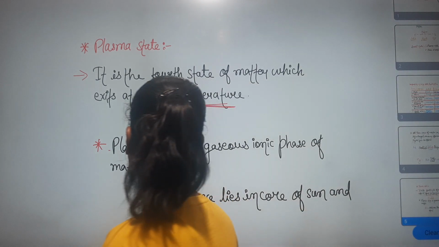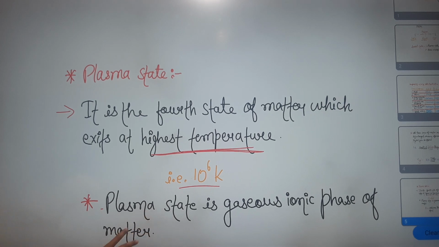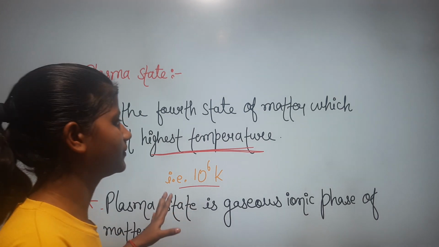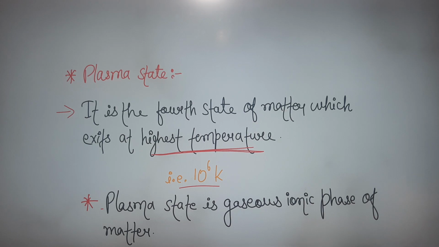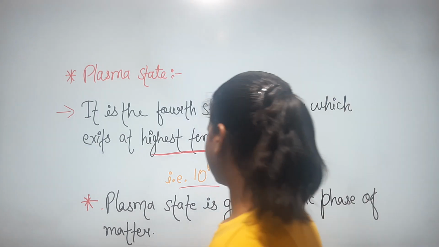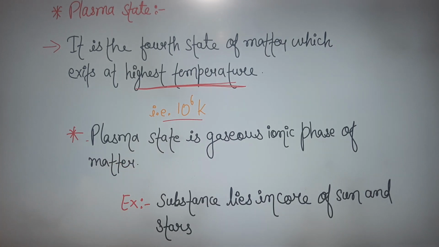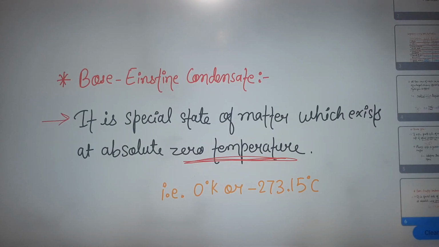After that, we discussed the special state like plasma state. It is the fourth state of matter which exists at the highest temperature, that is 10 to the power 6 Kelvin. And plasma state is a gaseous ionic phase of the matter.